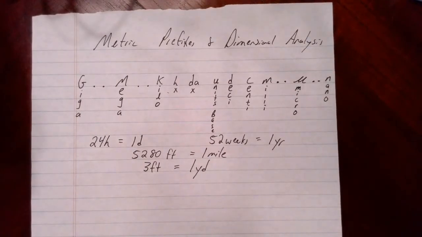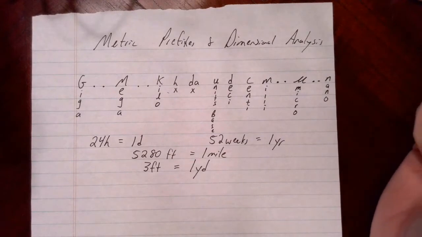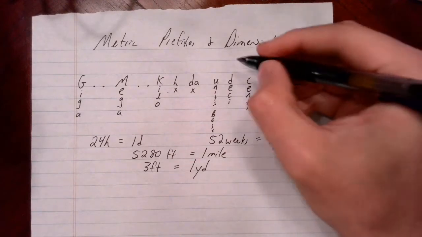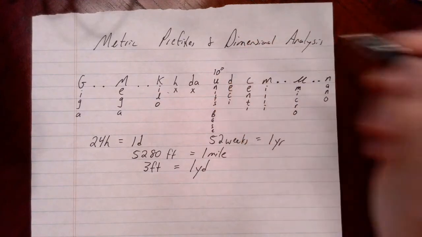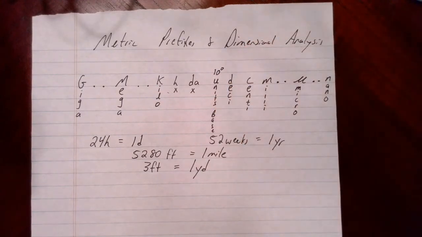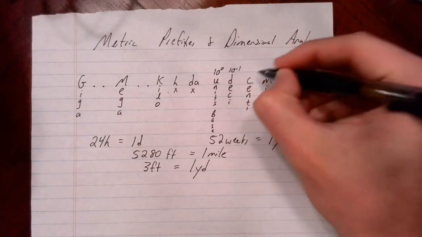So then we have the conversion factors that correspond to these prefixes. So I'm going to write them as powers of the number 10. So for units, I'm going to write 10 to the 0 power. Okay, so for deci, I'll write 10 to the negative 1.